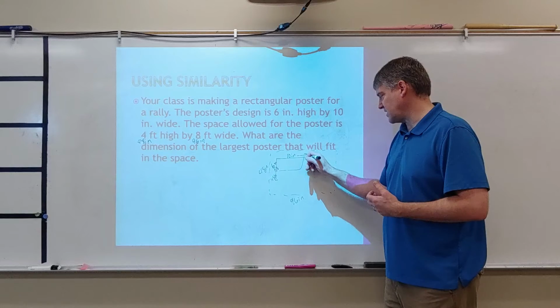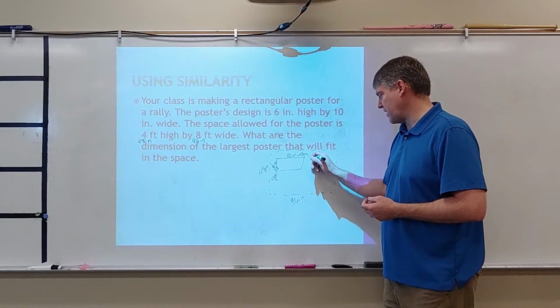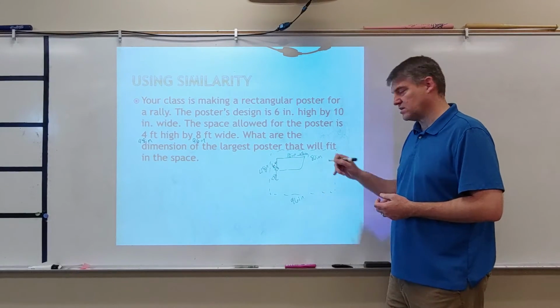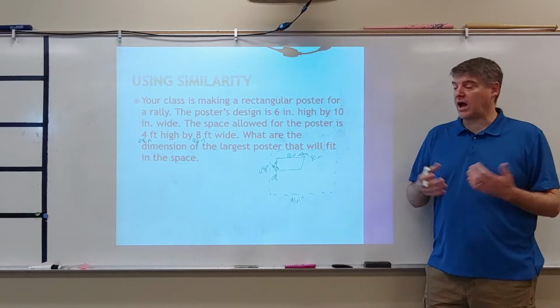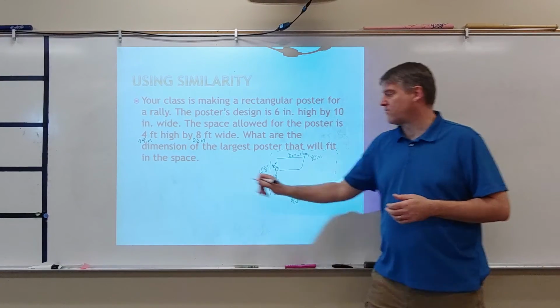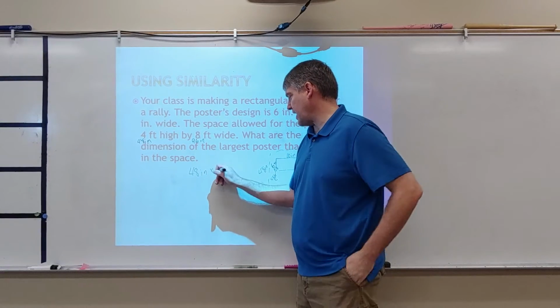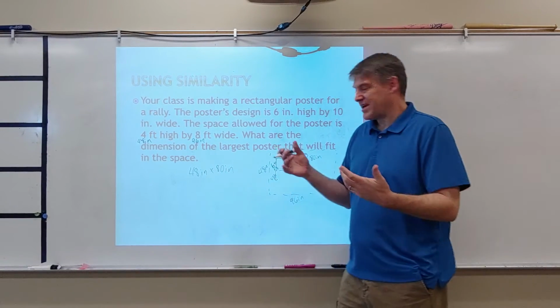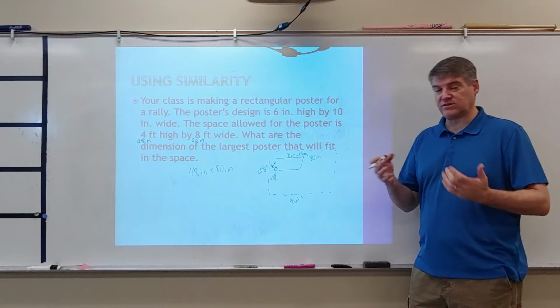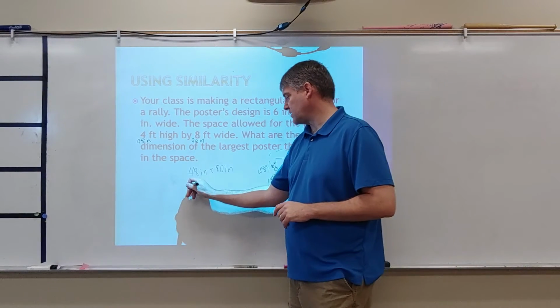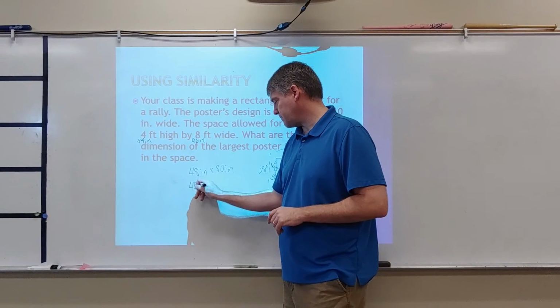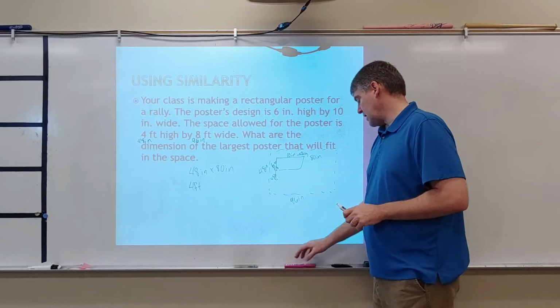So then I have to extend this out by 8 or make this 80 inches. Okay? So now I have my dimensions. I'm 48 inches by 80 inches. If I want to convert that into feet, I can, because this is going to be 4 feet. Okay?